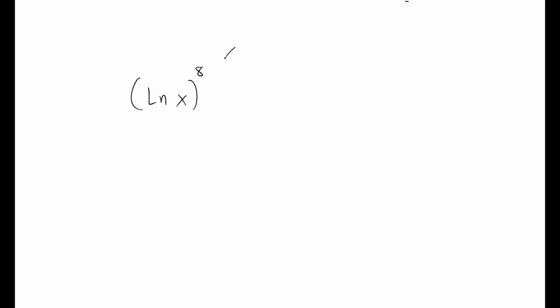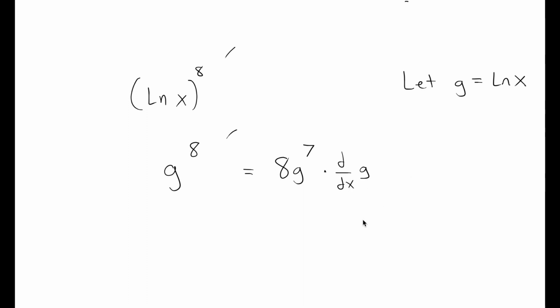If you're doing this derivative, it's like you have a g to the 8th that you're taking a derivative of. You see here, g takes the place of the ln x. So the derivative of g to the 8th would be 8g to the 7th, but then times the derivative of g.